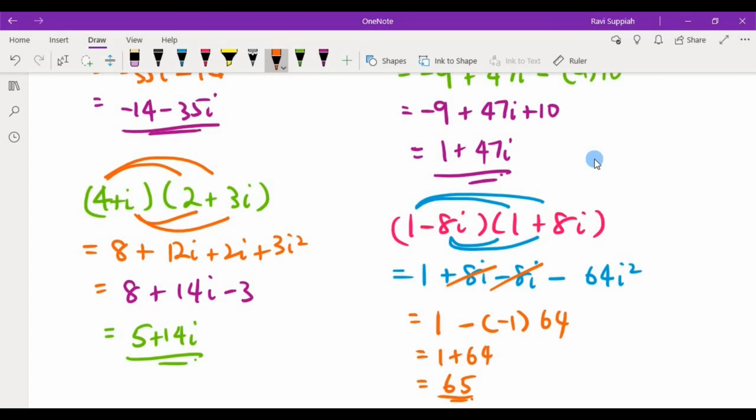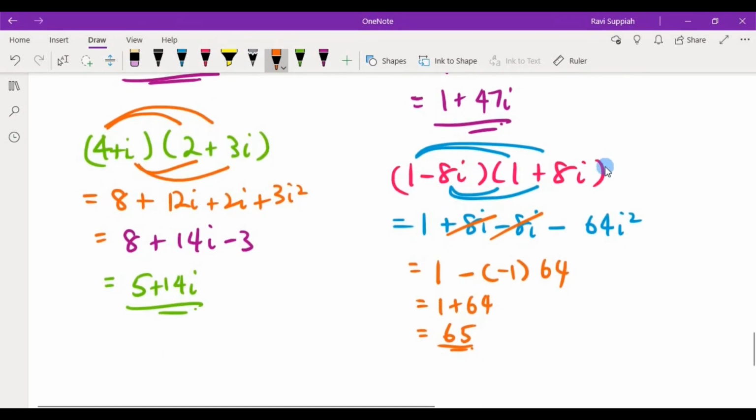When you multiply two complex numbers together, where one is the complex conjugate of the other, the result, as you can see, is just a real number. There is no imaginary part to this. This is an interesting and important technique that you will actually be using in the next part, which is division. So let's move on to division.